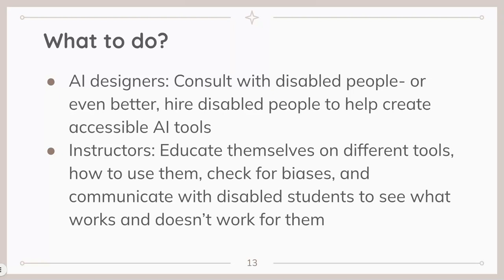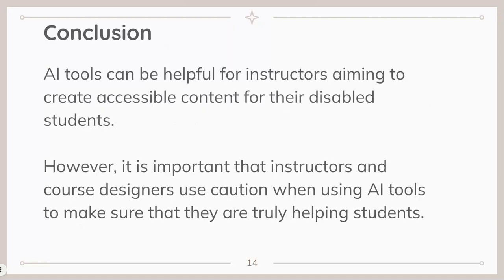So in all things for accessibility, it's only useful if it's actually helping people that need it. So if these tools are being used and they're not actually supporting students with disabilities, then instructors should be making sure that they are communicating with them and checking to see how they can be helping them more with accessibility.